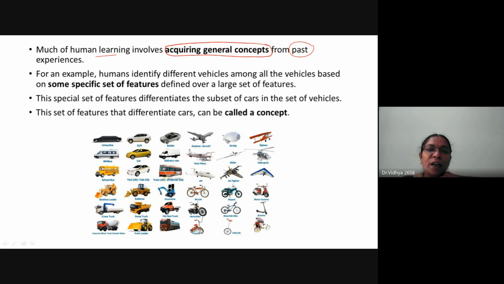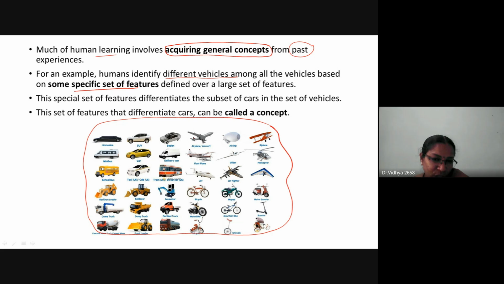For example, we are supposed to identify different types of vehicles among all the vehicles based on some set of specific features. There are a lot of vehicles over here. Among these vehicles, if you want to identify the car, then we may have some set of features for the car, in terms of its appearance, its color, its features.